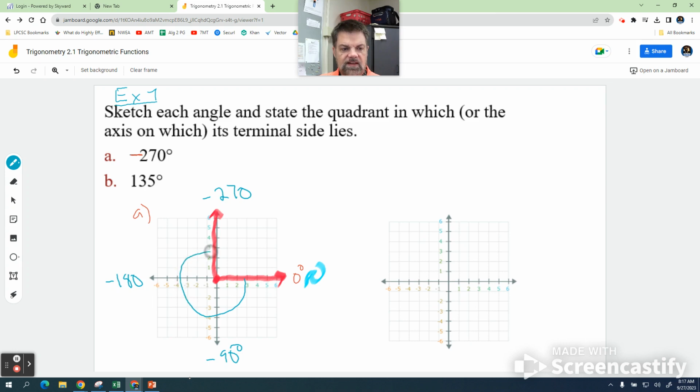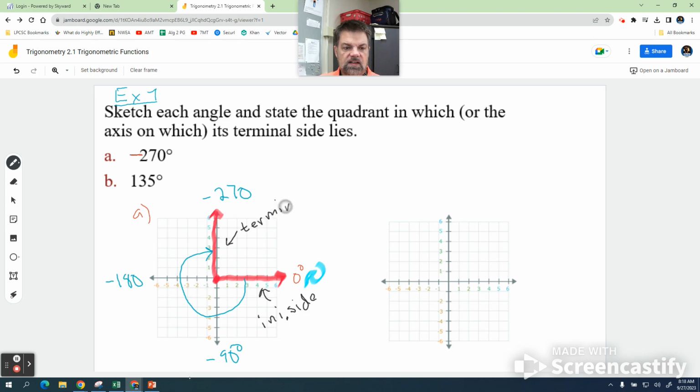Now I think we did this in the first section, 1.1. And then what is the initial side? Well, this is my initial side, right? And this over here is the terminal side.